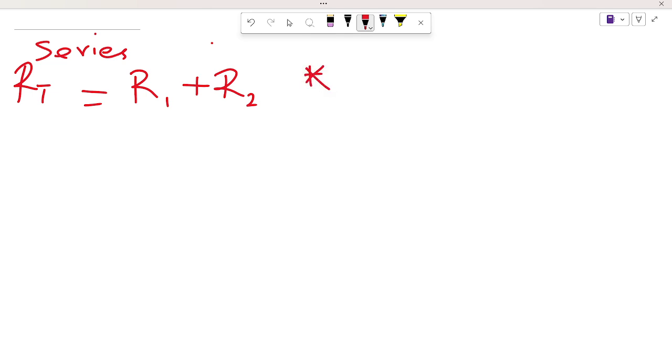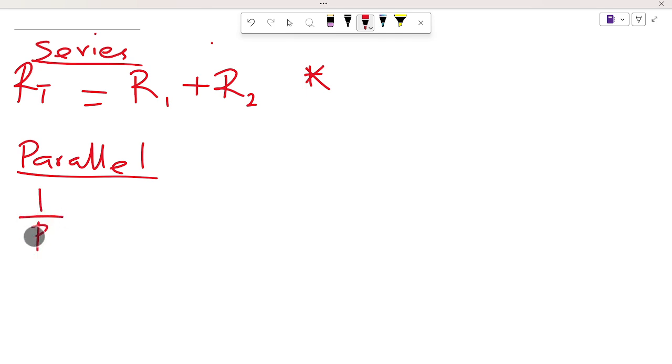And the next is the parallel arrangement. For that one, if we are finding the total resistance, it's usually represented by 1 over RT, that's the total resistance, equal to 1 over R1 plus 1 over R2 if we are looking at just two resistors.